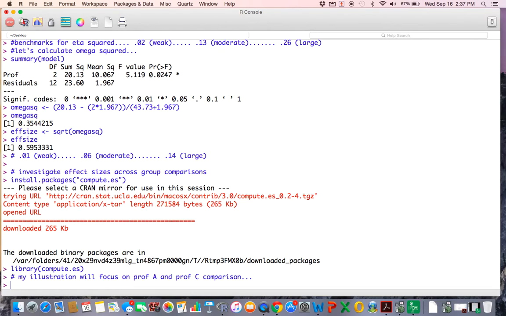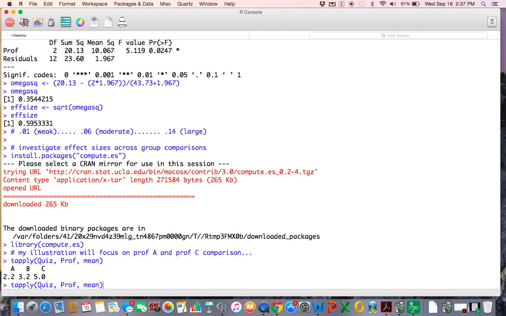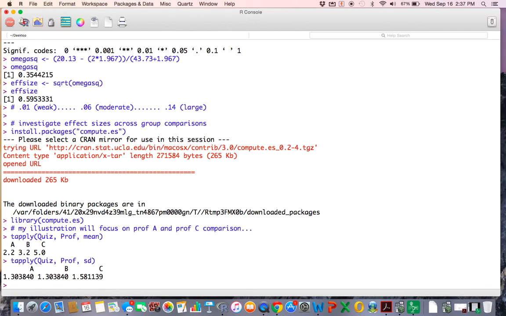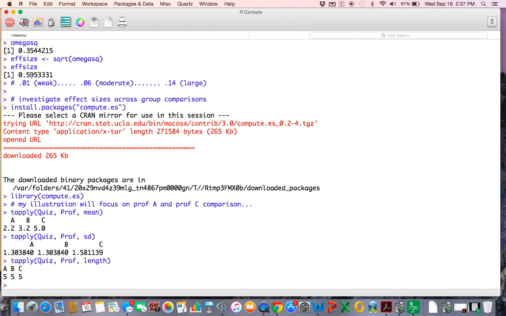So what I would do, I'd need some descriptives, so I would go t-apply with quiz, cross prof, and I would look at the mean. Next thing I'd want to do is I also need the standard deviations, and the next thing I will need the sample sizes. Now, we all know the sample sizes here are 5 in each group, but on your homework assignment, your research, whatever it may be, you may run into sample sizes of, you know, whatever. So that's the easy way to get sample sizes.